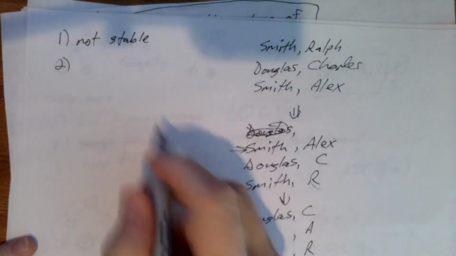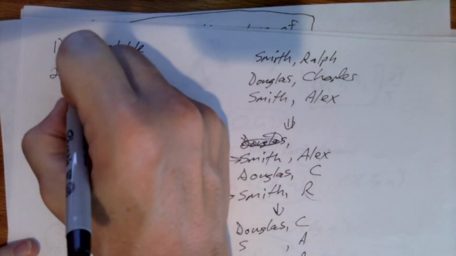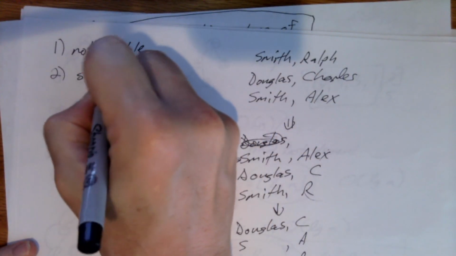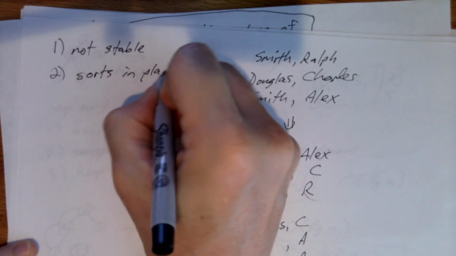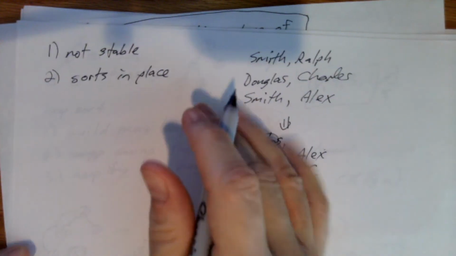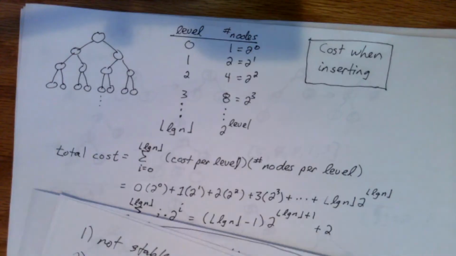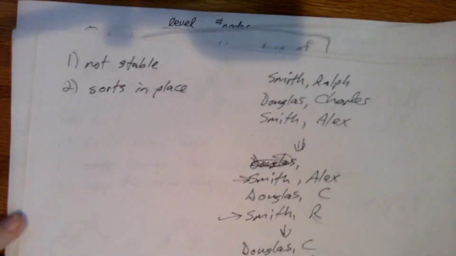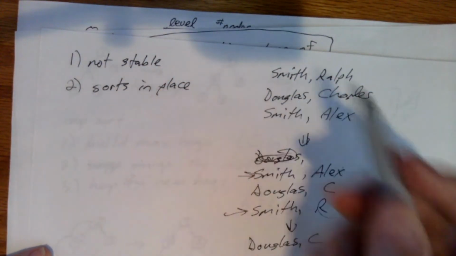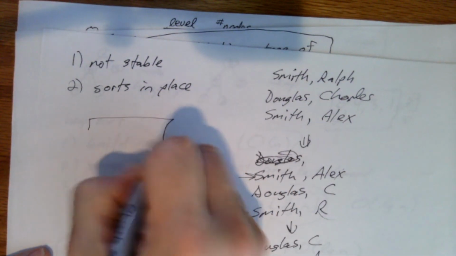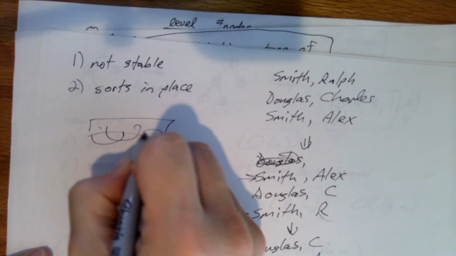Another property of heap sort is that it sorts in place. Of course, we're almost always using some temporary storage, and there are tricks around it in certain cases. But when we had our array, we simply swapped things around using the same array.